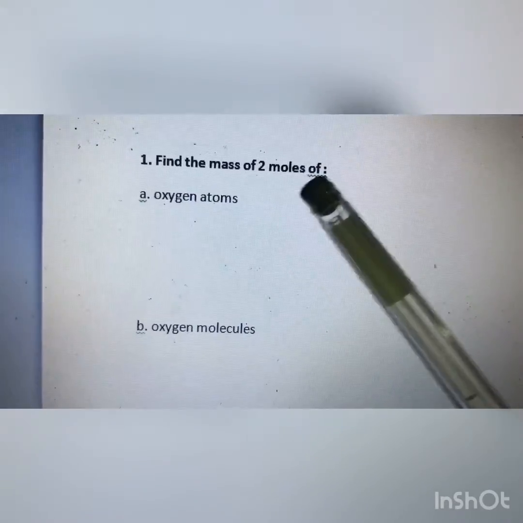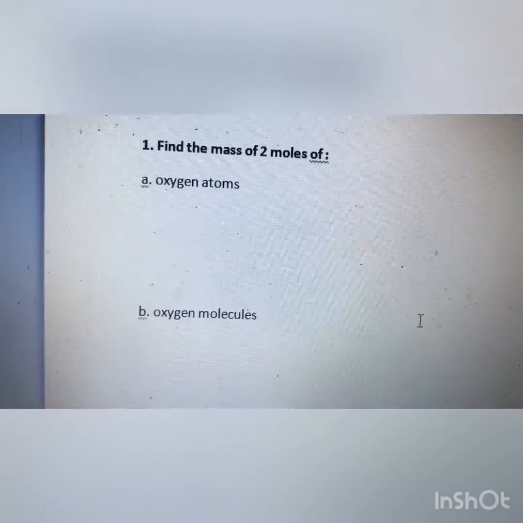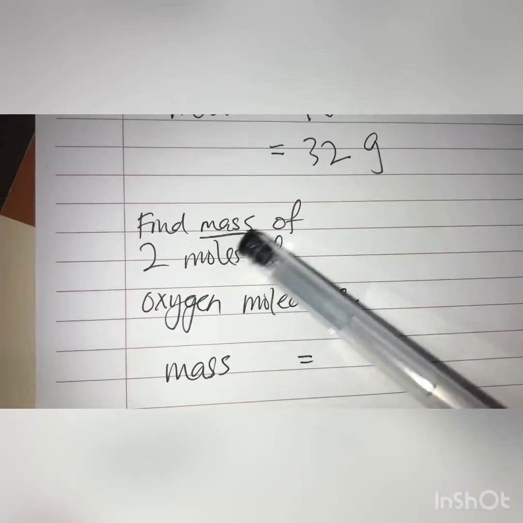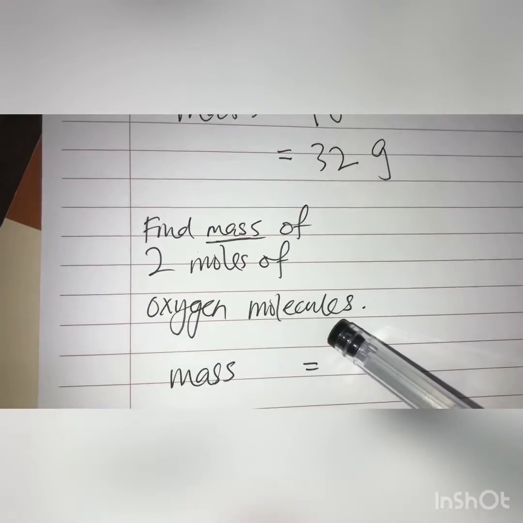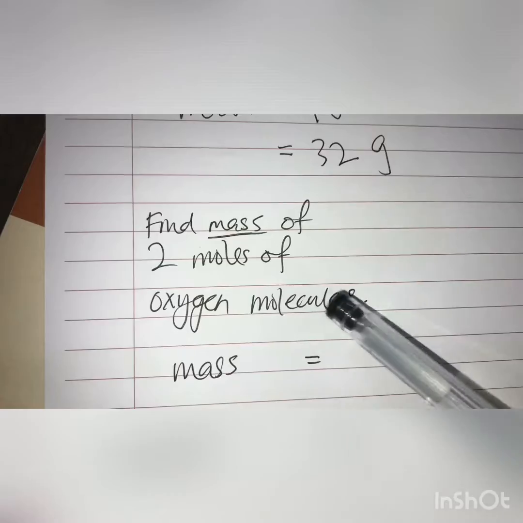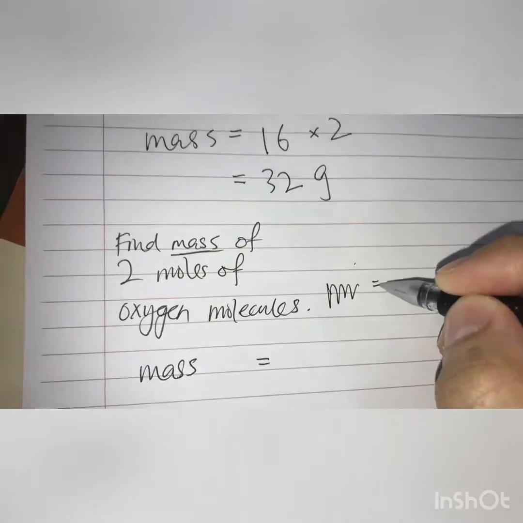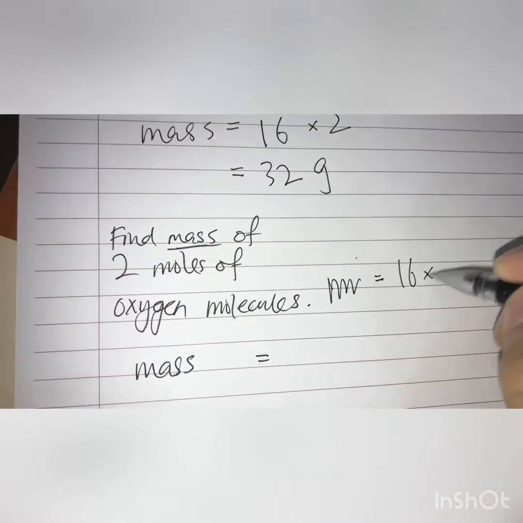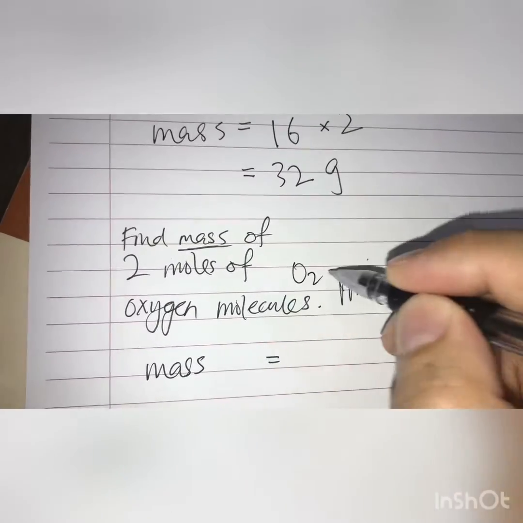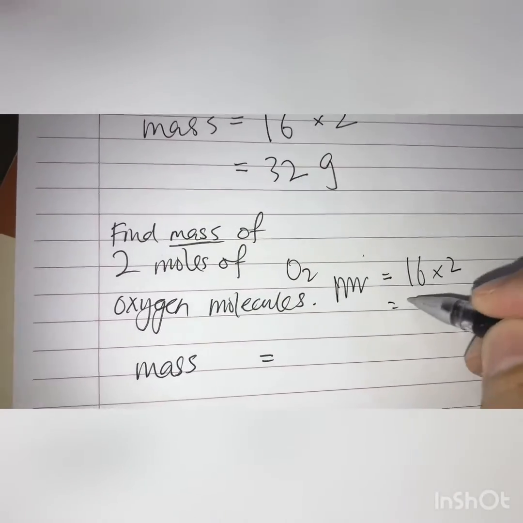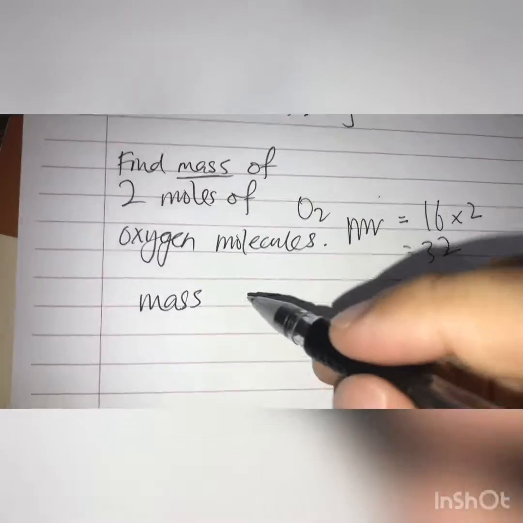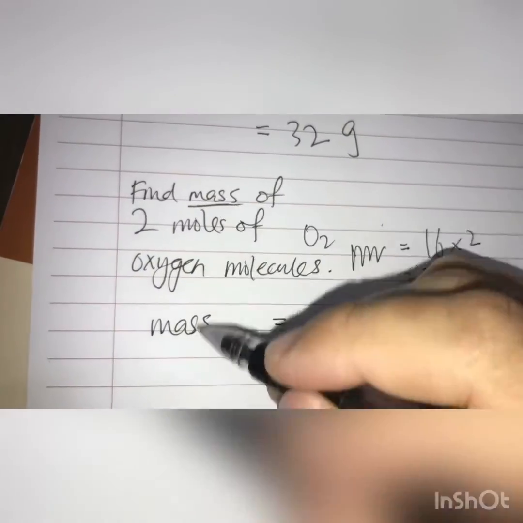Okay, second one. Find out the mass of 2 moles of oxygen molecule. So for oxygen molecule O2, the molecular mass is 16 times 2, which equals 32. What we need to find is the mass.